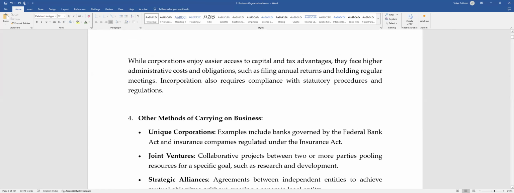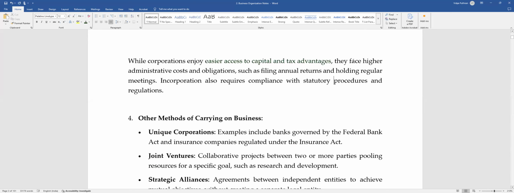While corporations enjoy easier access to capital and tax advantages, they face higher administrative costs and obligations such as filing annual returns and holding regular meetings. Incorporation also requires compliance with statutory procedures and regulations. So it is not all that easy, not all green, there is red also. Here it is easier to access capital and you get tax advantages. That is green, a good thing.